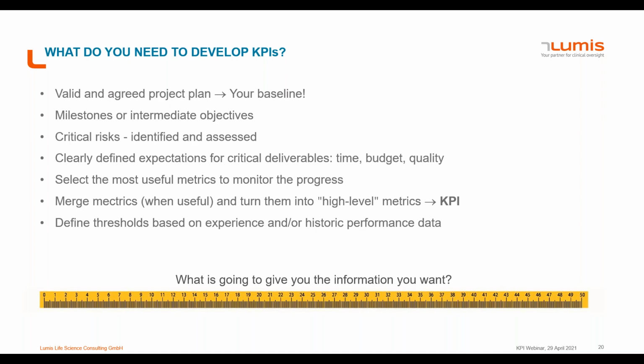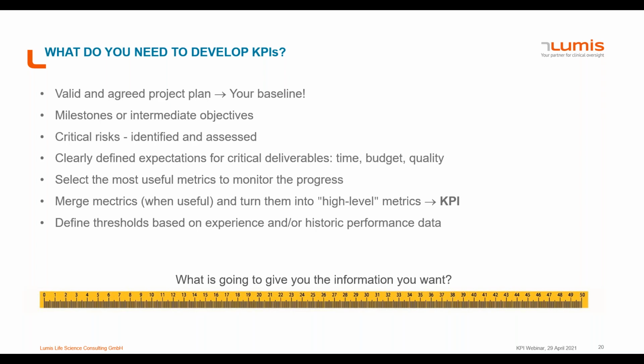Your project plan usually contains also milestones and intermediate objectives. And we have spoken before about the critical risks. They have been identified and assessed. So it all comes together with your clearly defined expectations for the critical deliverables. So what should the deliverable look like in terms of time, budget, and quality?